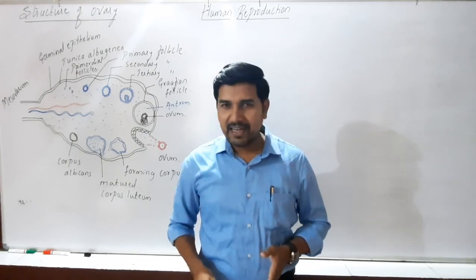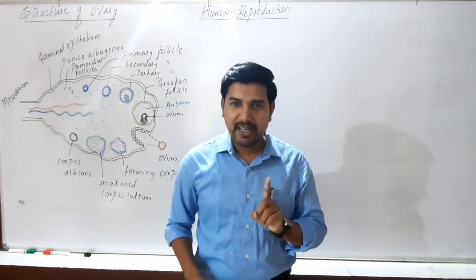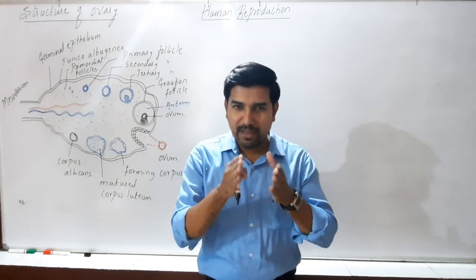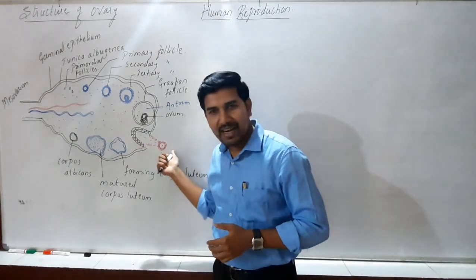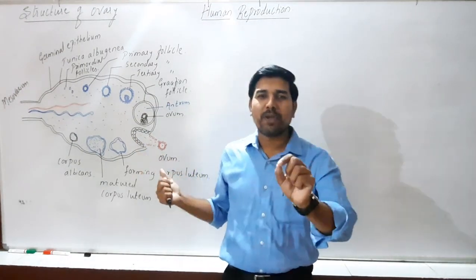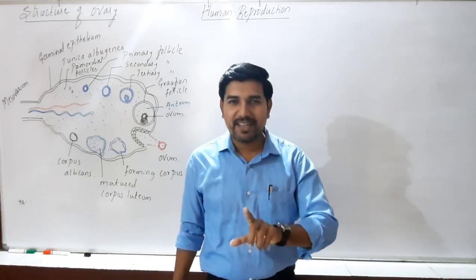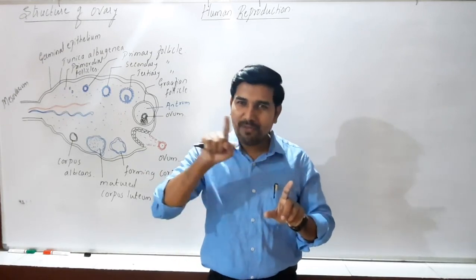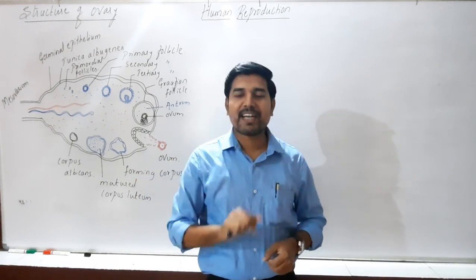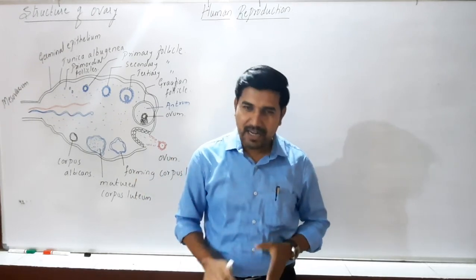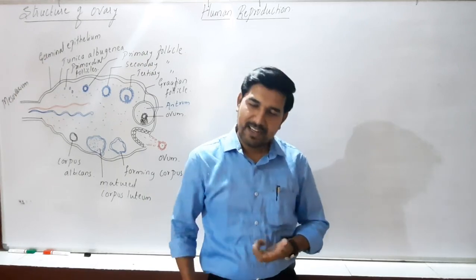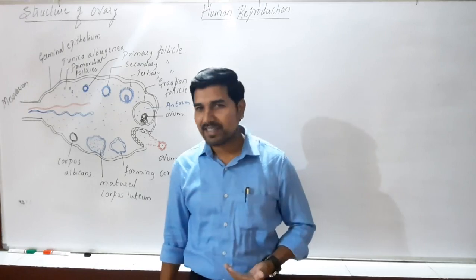Remember, the menstrual cycle occurs once in 28 days, and exactly at the mid of the cycle, the 14th day, the egg is released from the Graafian follicle. So ovulation is the release of the ovum from the Graafian follicle on the 14th day of the menstrual cycle. We will study the menstrual cycle in detail in later classes.